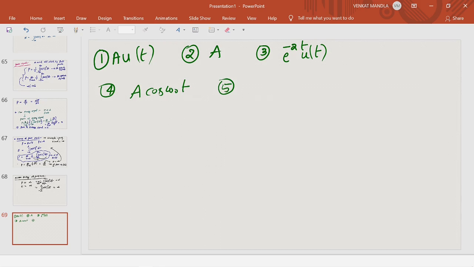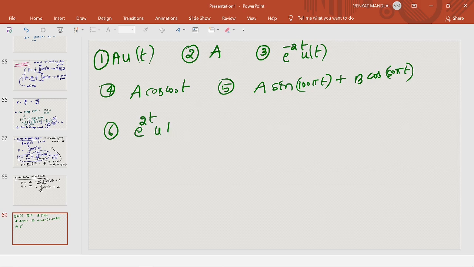Fifth one, a sin 100 pi t plus b cos 50 pi t. Sixth one, a power 2t into u of t, seventh one, delta of t, and eighth one, r of t.